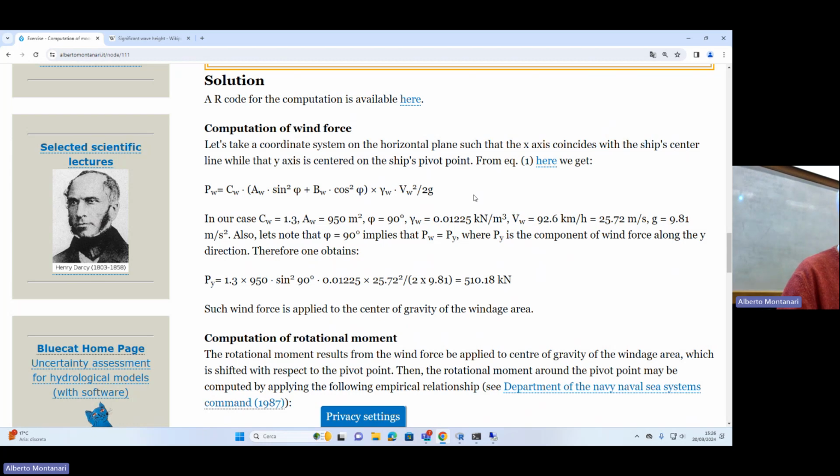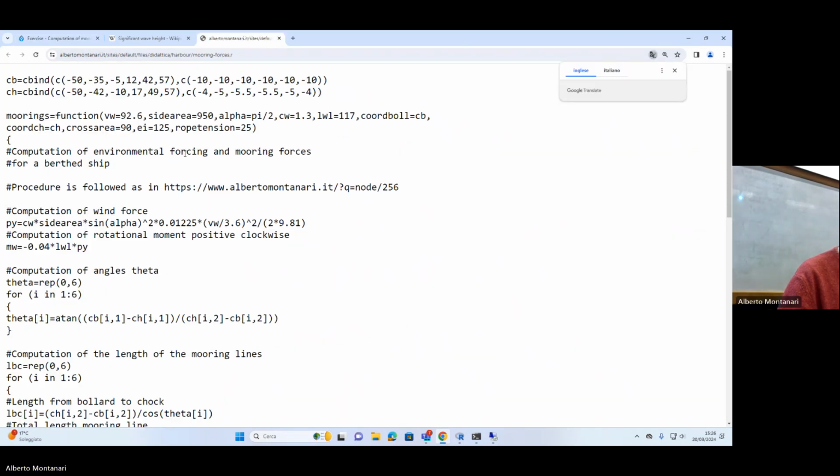So let's open also the R code, which is available here in a new tab. And you see here the R code, which is articulated through a function.